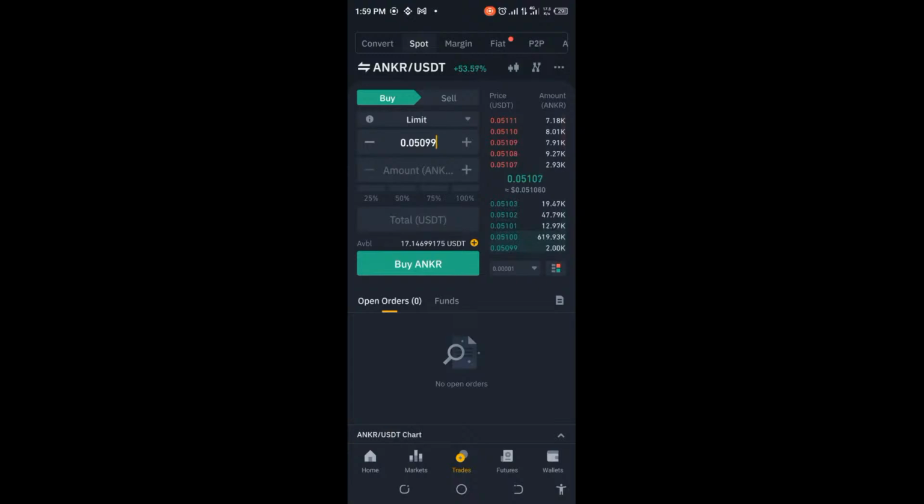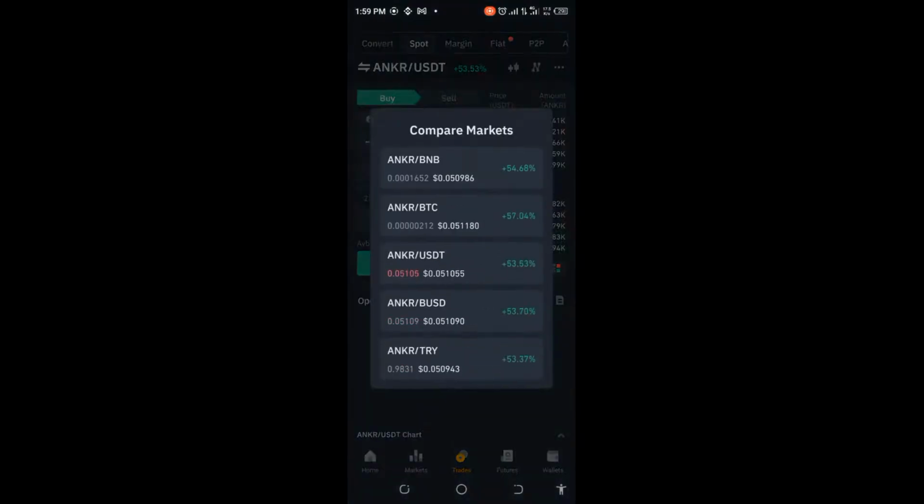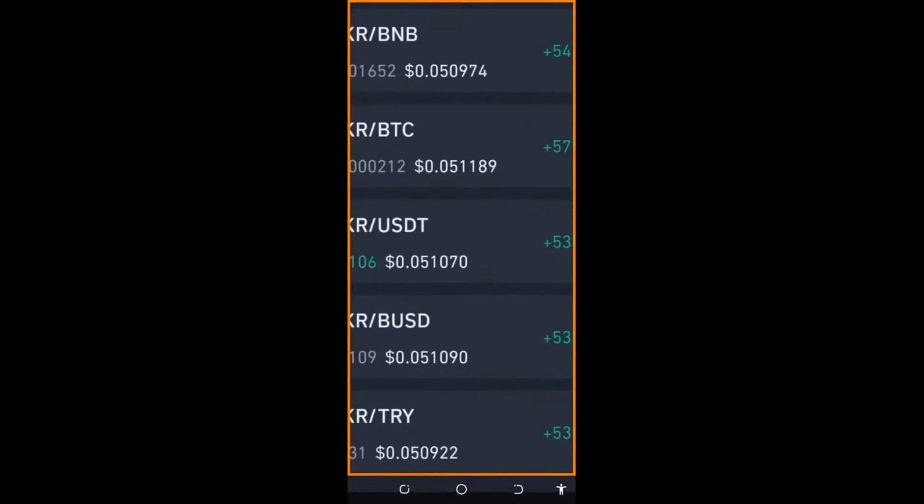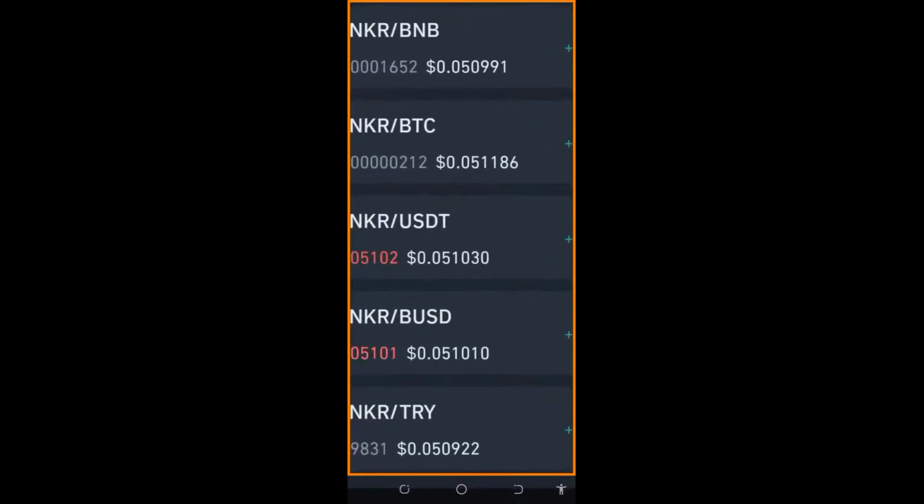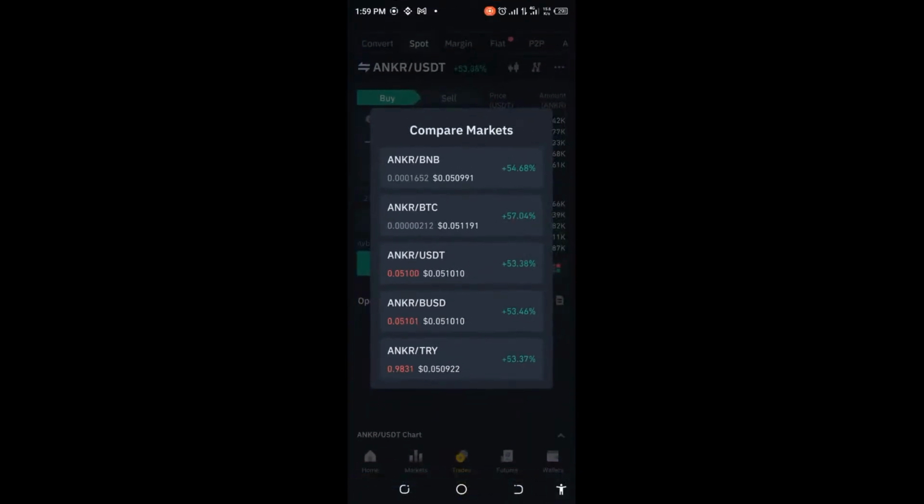Okay, so let me go back and check that and see that everything works well. Okay, so I can see that it's actually 0.510, 0.511. Okay, let's make it get back to 0.509. It will definitely get back there in a bit, or I can actually make it get back there.